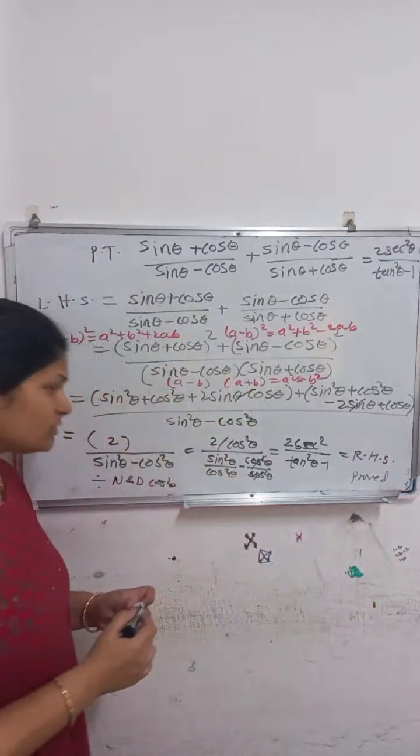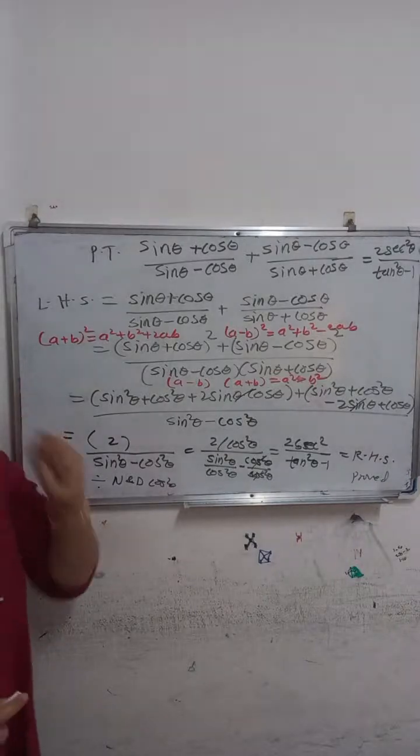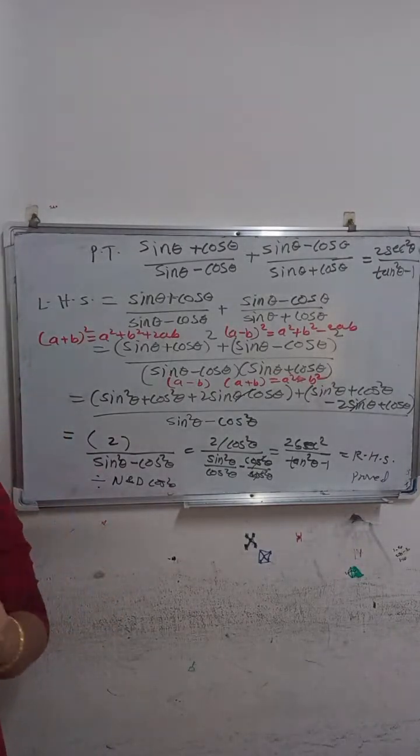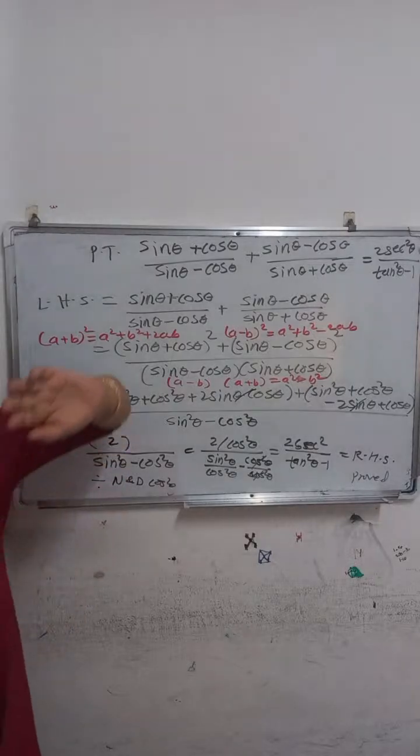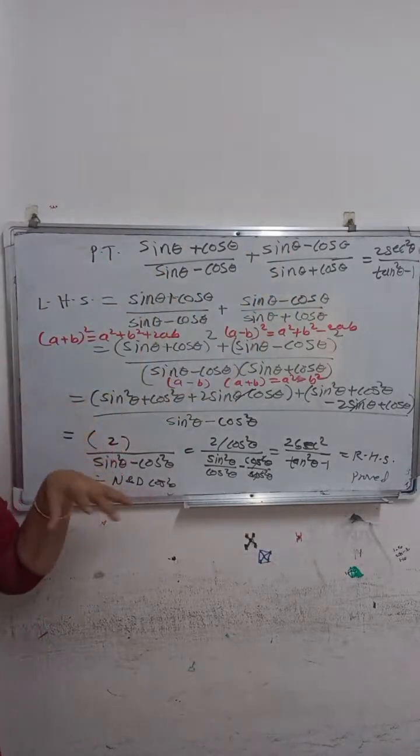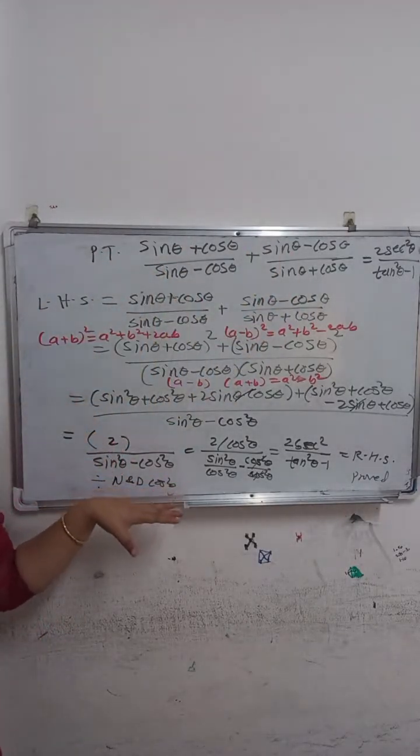So use the trigonometric identities and try to apply them. If you are not getting the answer, always check your RHS and according to that you can adjust whatever you are getting.